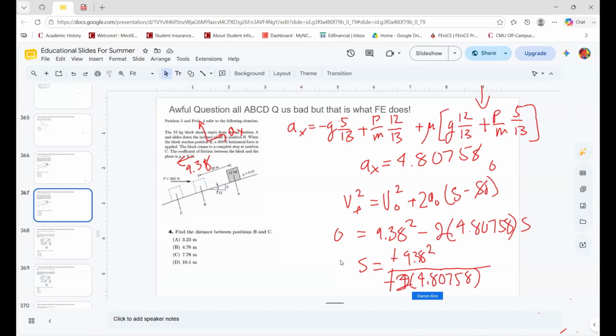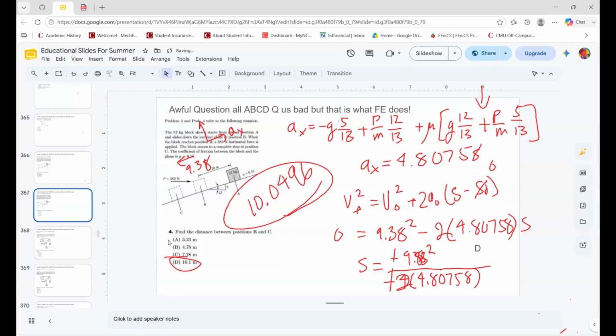I was about to say that doesn't make sense. 4.80758, enter. About 10. That feels right. But what was it? Ah, it was 9.38, sorry. I had flipped the 8 and 3, so none of the answers made sense. So yeah, I get 10.0496. Okay, so it's D.